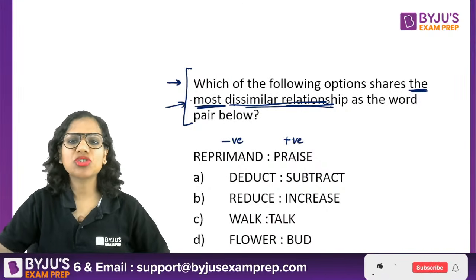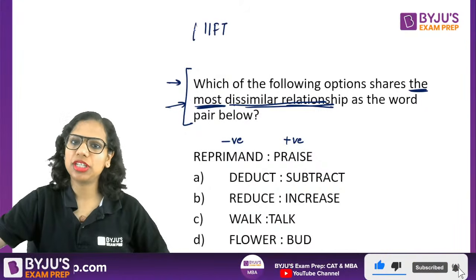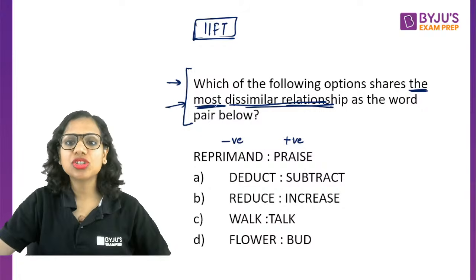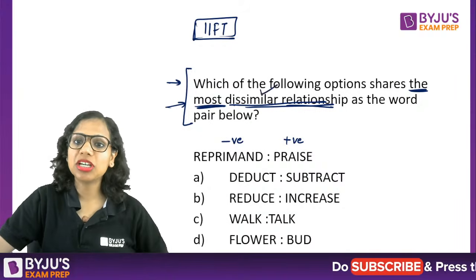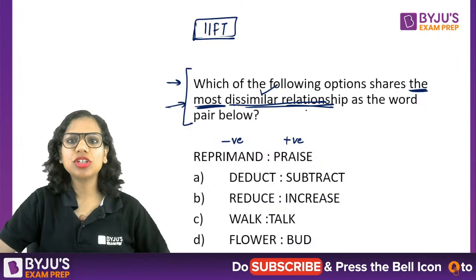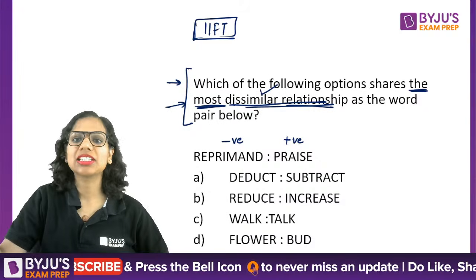Although such analogy questions are uncommon, I have seen this just once in IIFT. But because such a question has appeared, where instead of being asked the most similar relationship, you are being asked the most dissimilar relationship, we should pay attention to our instructions, right? That what exactly is asked from us.